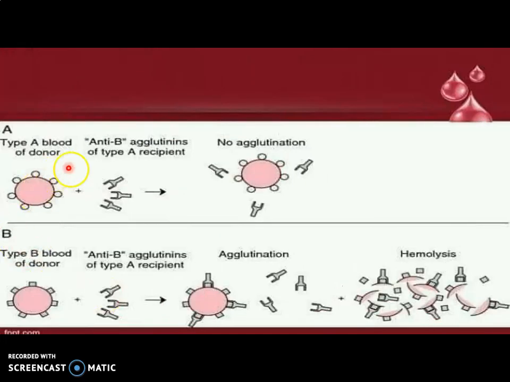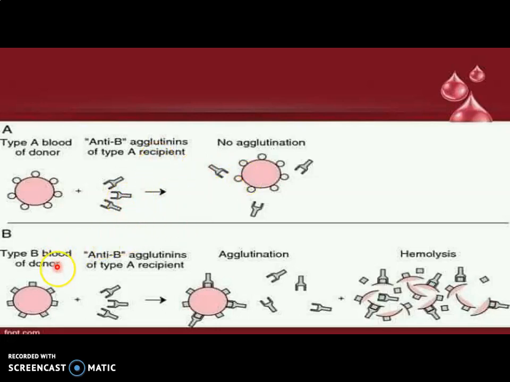Look at this diagram. You see that here we have a type A blood of a donor, and it will produce an antibody that will agglutinate the type A recipient. Here you will see that because A will produce this antibody B, there won't be agglutination. Type A blood will produce this antibody. There is no agglutination.